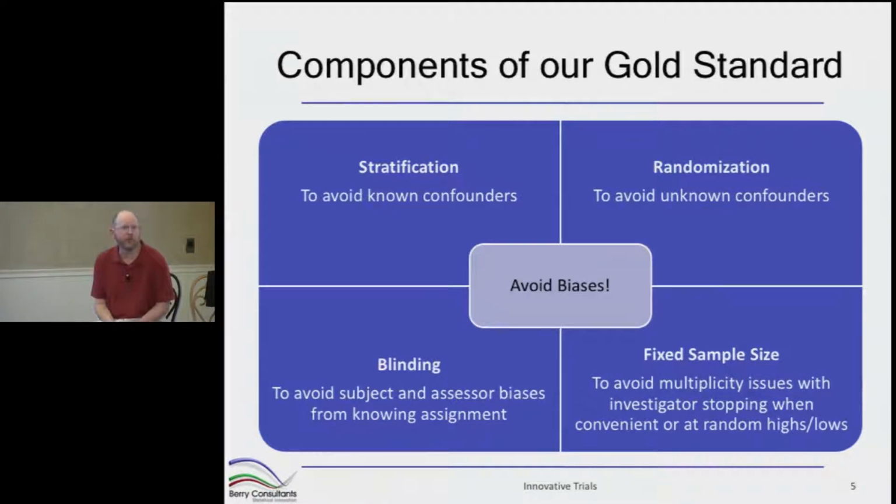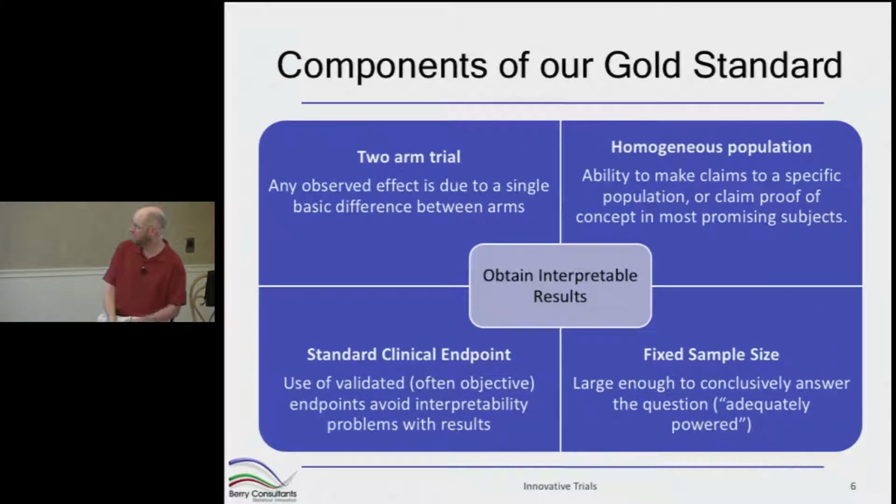It avoids biases on essentially anything you don't know. We also routinely stratify. That's intended to directly equalize groups on biases that we may know in advance. We also employ blinding, and often we have a fixed sample size, so we avoid the investigator being able to look at the data until they get the answer they want. So all of these things avoid biases.